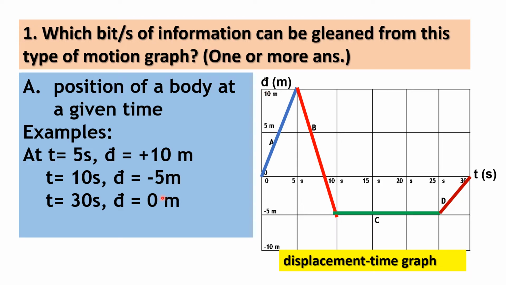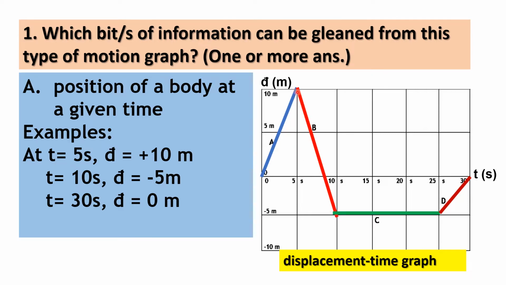Another example, at time 10 seconds, what is the position of the body? So here is 10 seconds, and at this time 10 seconds, we would like to know what exactly is the value of the displacement, all right?